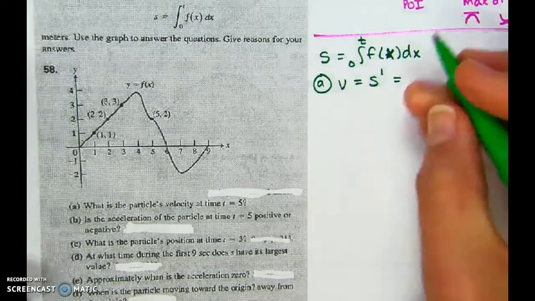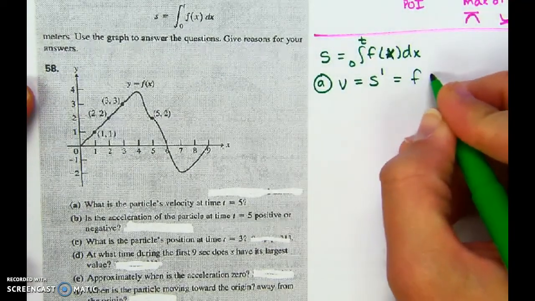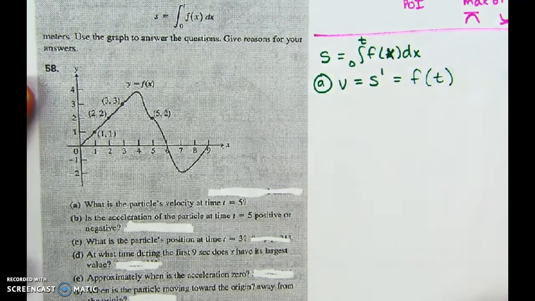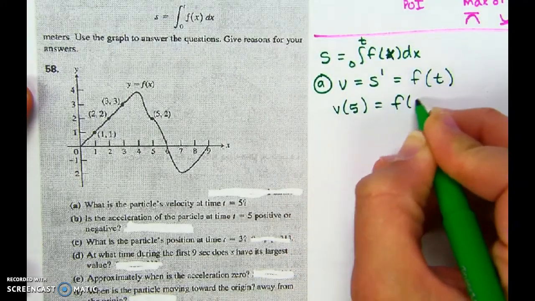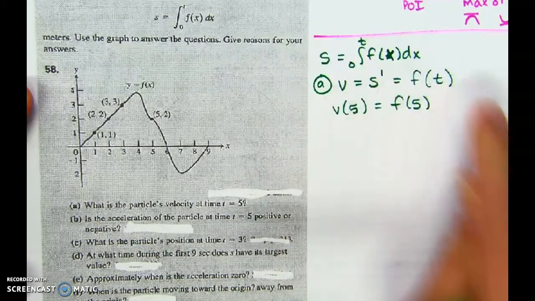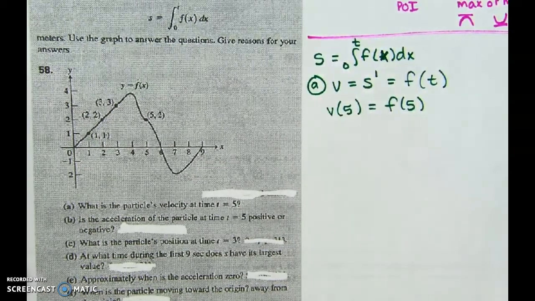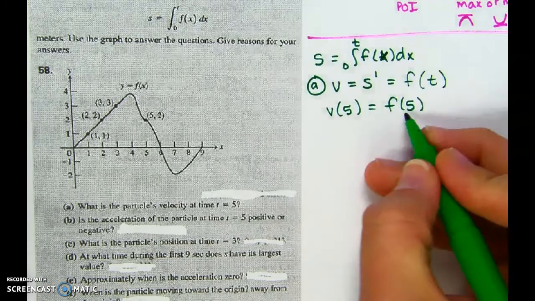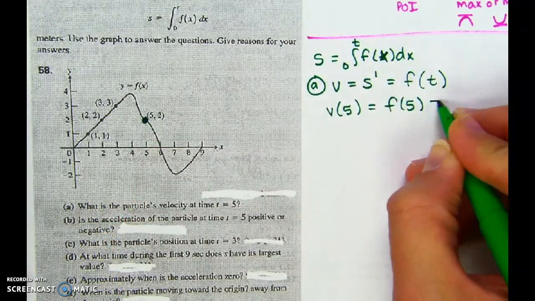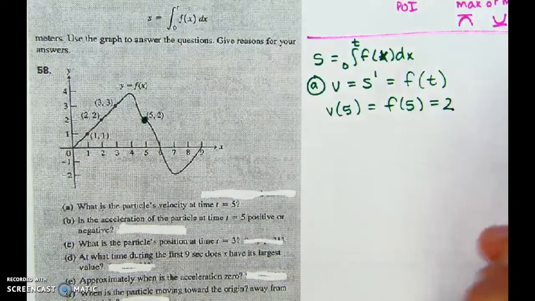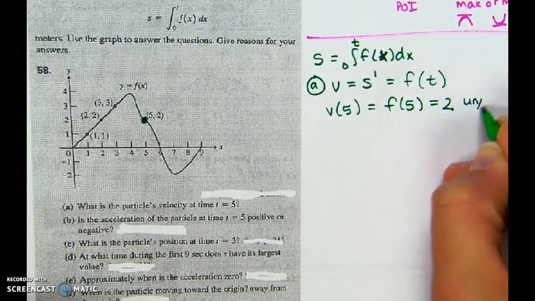So the derivative of this integral will be f of t. So the velocity at 5 just means we plug in 5. You got to go through that motion in order to figure out that we're just looking at this graph, and f of 5 is 2. And the units would be units per second.